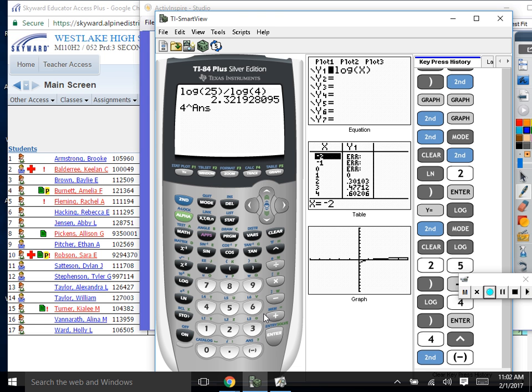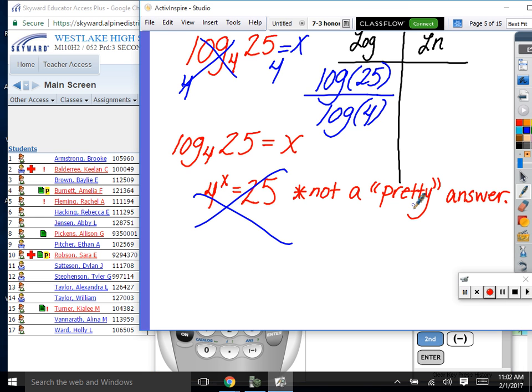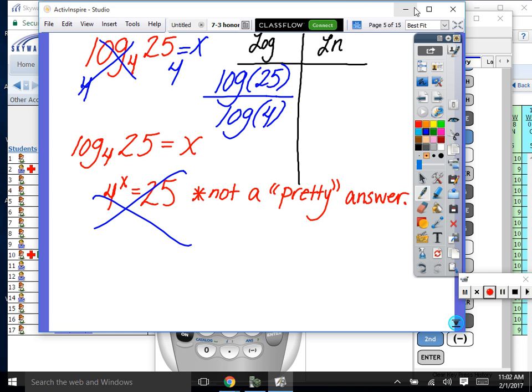I'm going to check my answer. 25. That truly was the decimal that worked for us. If we were solving anything, we would use the full decimal, but in our instructions, I think it does say round to 3 decimal places or whatever. So 2.32. But when checking it, you'd want to put in the full decimal. Questions on that? Okay, awesome.